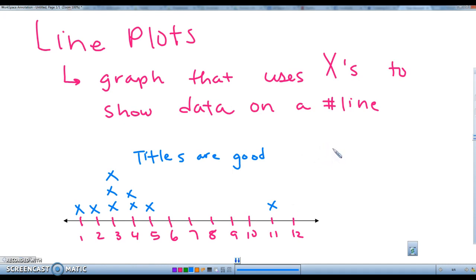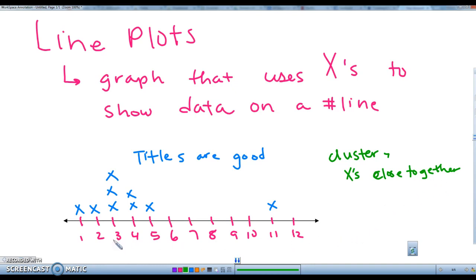So we're going to notice a couple things about our data. The first thing is a cluster. And a cluster is when the x's are close together, especially if there's a lot of the x's close together.